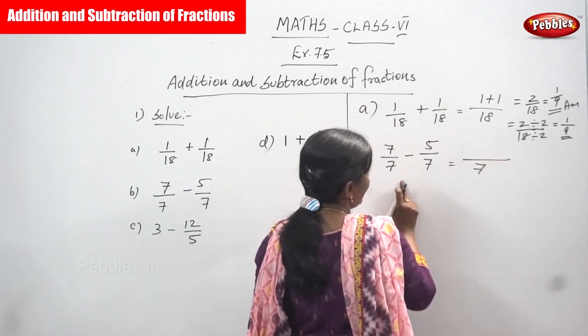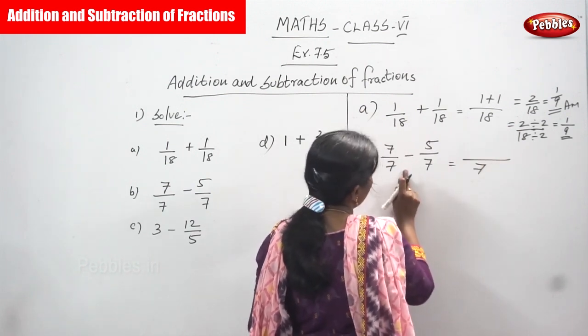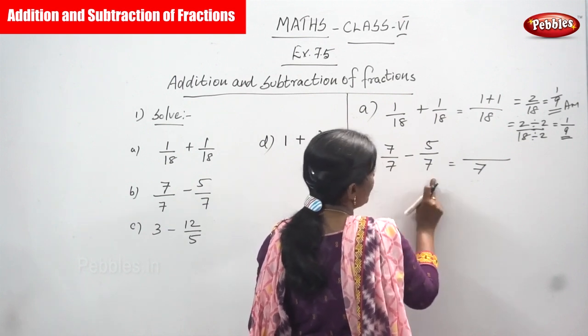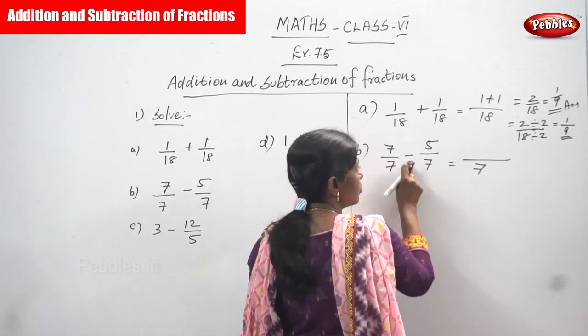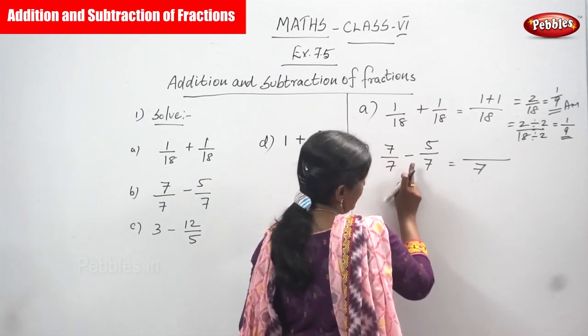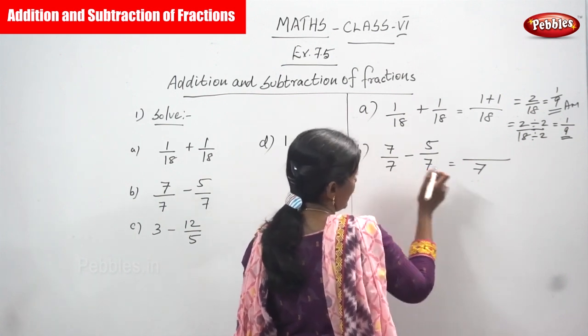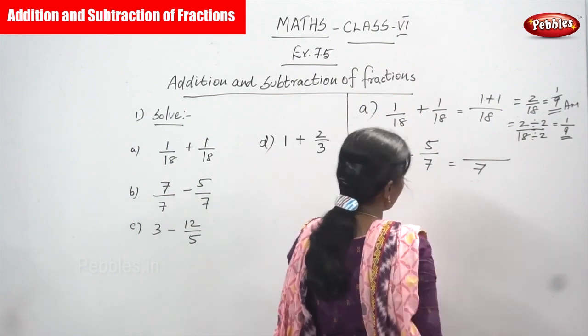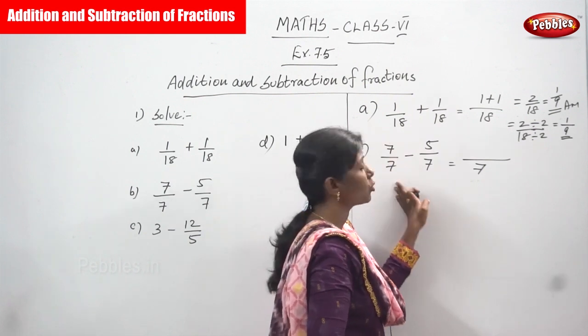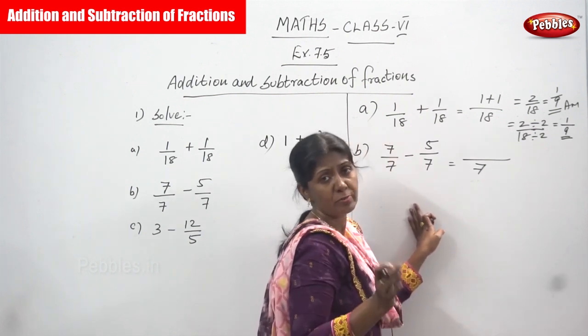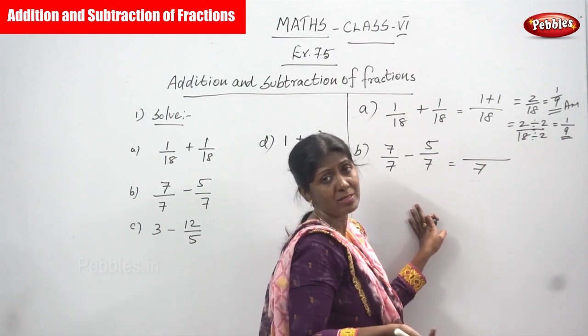So you have to subtract the numerator, because the numerator is different but the denominator is similar. You have to look at the sign. What is the sign here? The sign is subtraction, so you have to subtract only the numerators. If the denominators are different, you must take the LCM. But if the denominators are similar, you have to see only the numerator and also the sign.